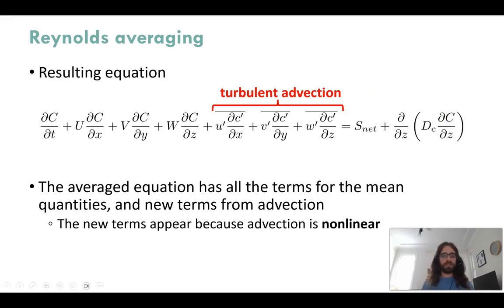The thing that's new is that you have these additional terms that arise due to turbulent advection. And the reason why you have these additional terms is that this advection is a nonlinear process, and the averaging operation that you conducted has to retain this nonlinear outcome of the turbulent advection due to the averaging rules.